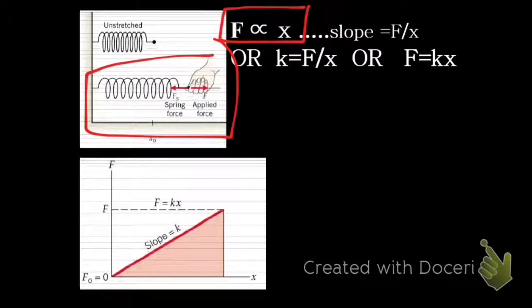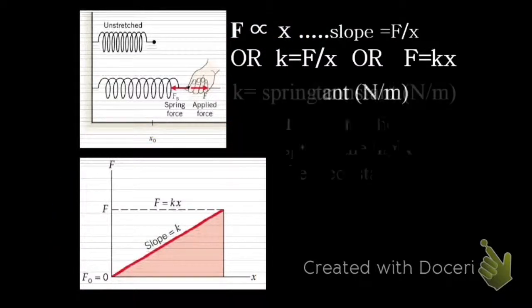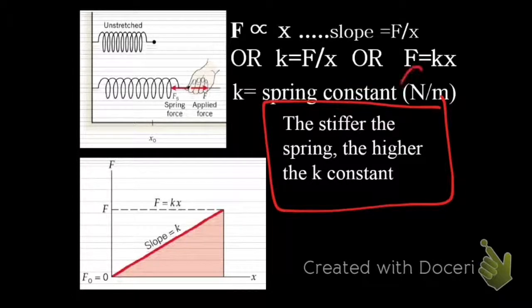And if you graph that, he realized that there's actually a graphical relationship here. He came up with the slope of that as the relationship K, which we're going to call the spring constant. Spring constant is measured in newtons per meter, and the stiffer the spring, the higher the spring constant. In other words, the more newtons it takes for every meter that you're stretching or compressing that spring.